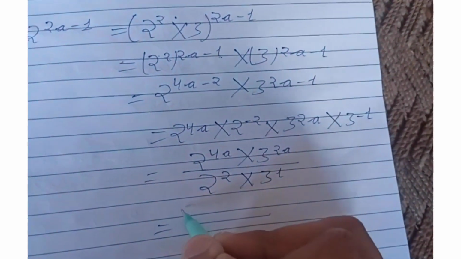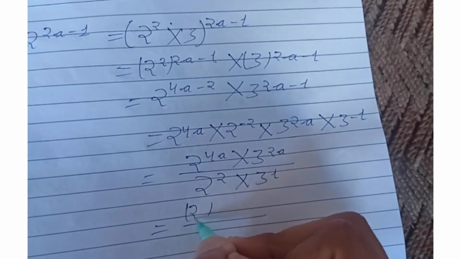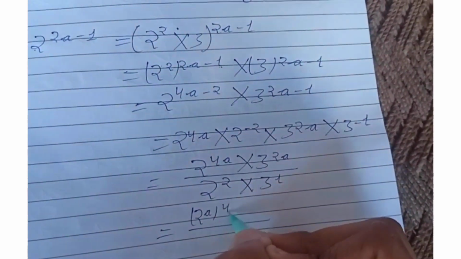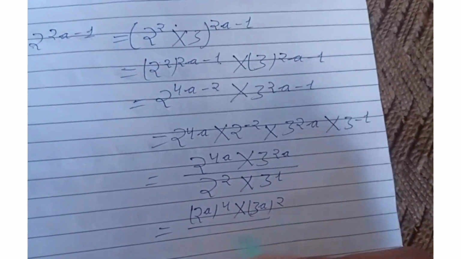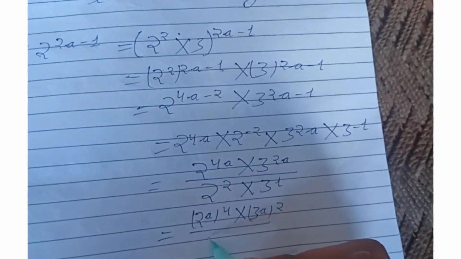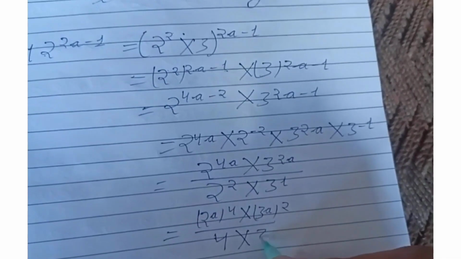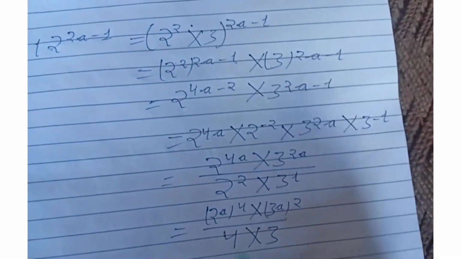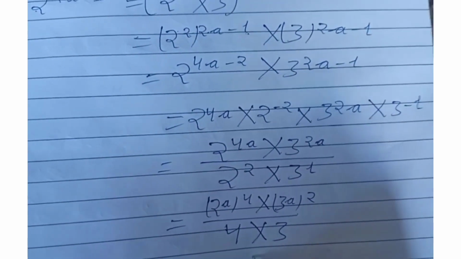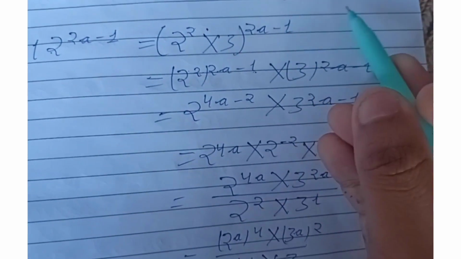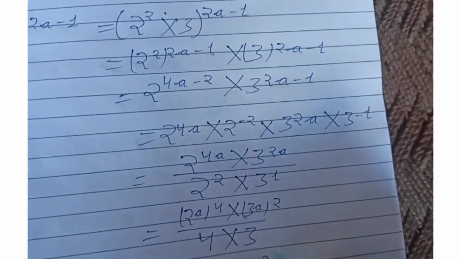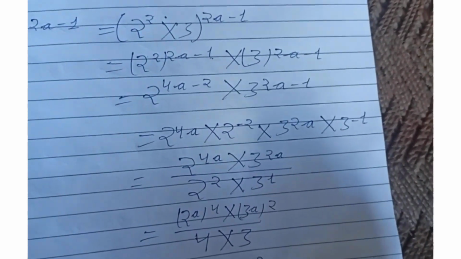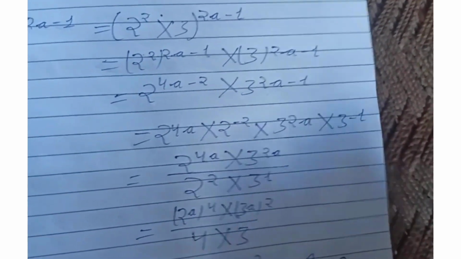Now it can be written as 2a power 4 into 3a power 2, and 2 power 2 is 4 into 3. Now 2a is x. So here we write x power 4, and 3a is y. So here we write y power 2, and 4 into 3 is 12. This is the answer.